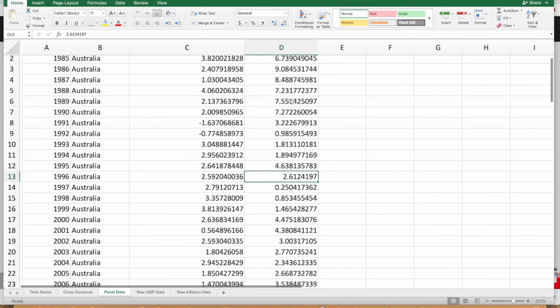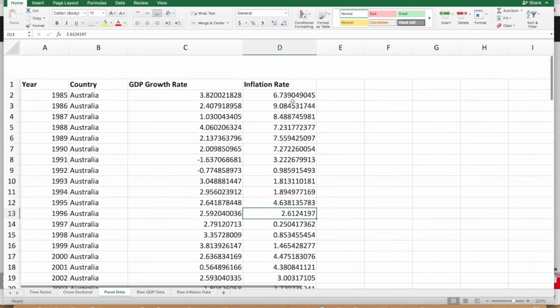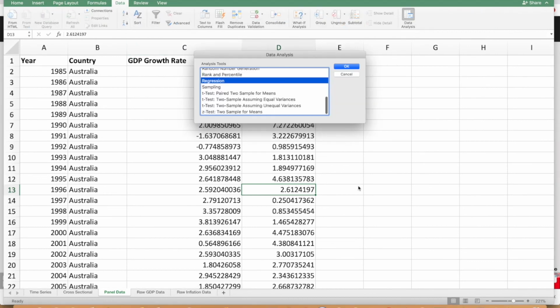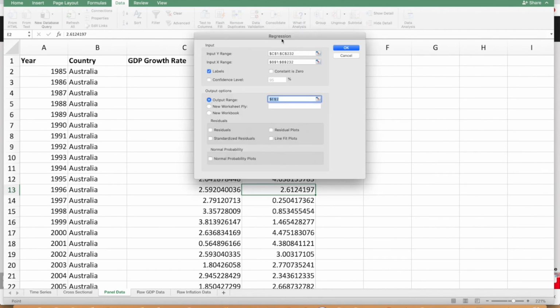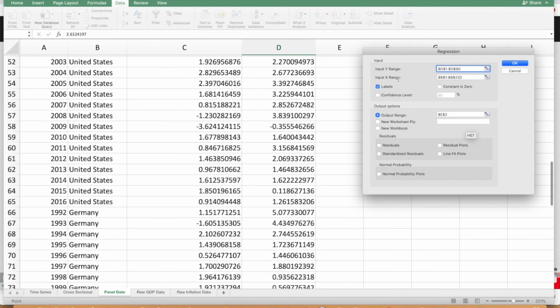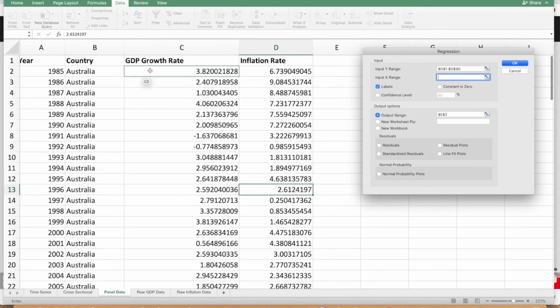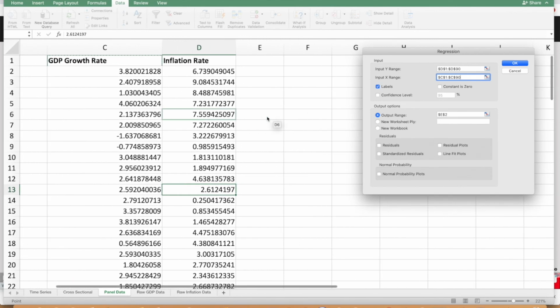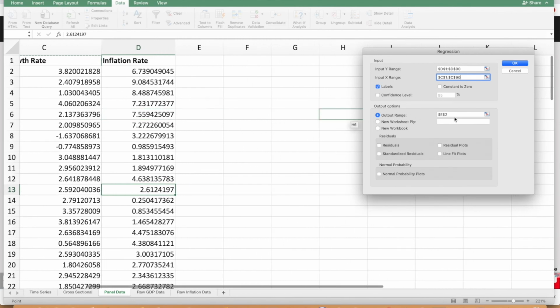So now let's do our panel data here. Again, I encourage you to pause the video and practice this, but then I'll go ahead and do it too for you. Data analysis, regression. We have our inflation rate here. Economic growth rate here. So now we have about 89 observations in this panel data set.